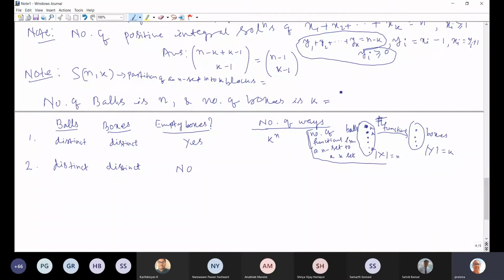So whether this S(n,k) is the distribution of n distinct balls into k identical boxes, equal to the number of ways to distribute n distinct balls into k identical boxes.